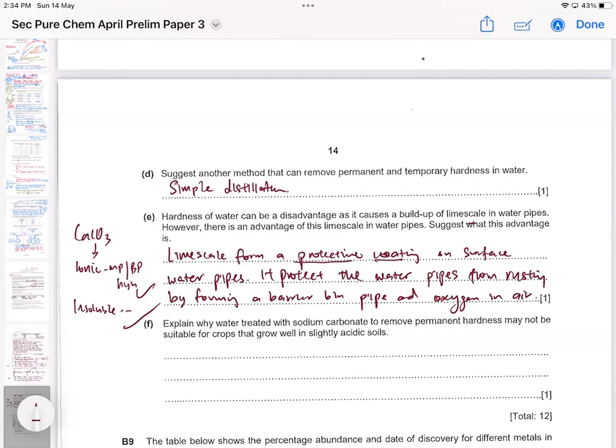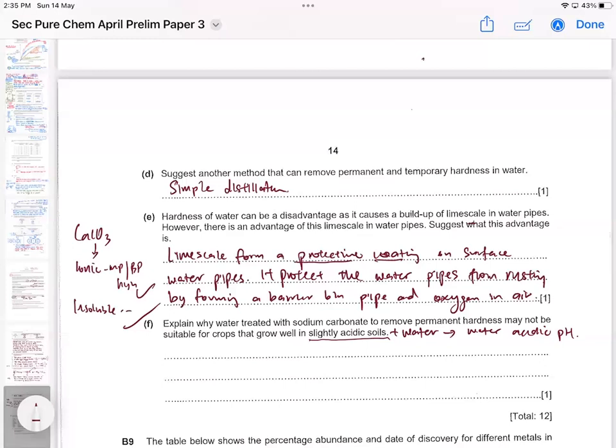Okay, so part E says you have crops, and it says that the crop has a slightly acidic soil. So what happens is that if you spray water into it, this slightly acidic soil plus water will give the water an acidic pH. So this acidic soil will make your water acidic.